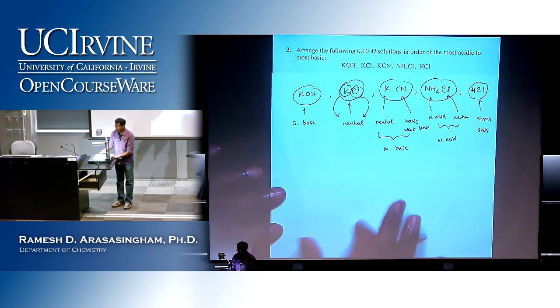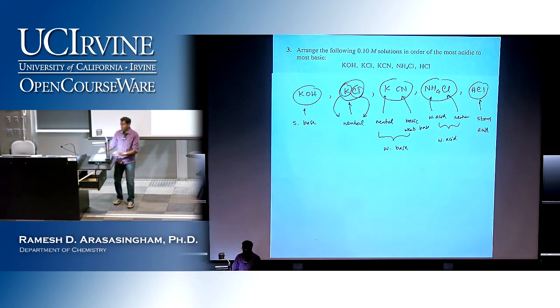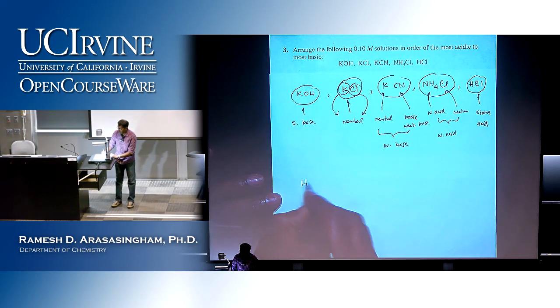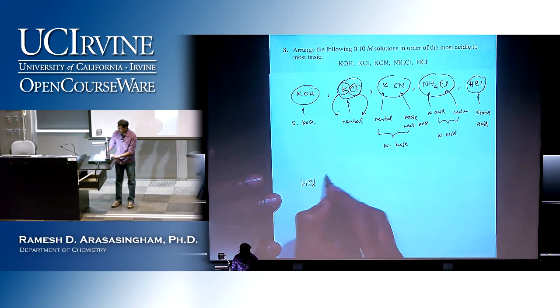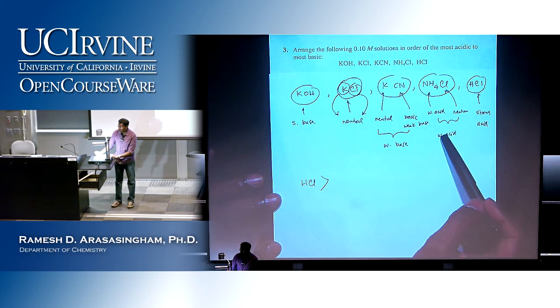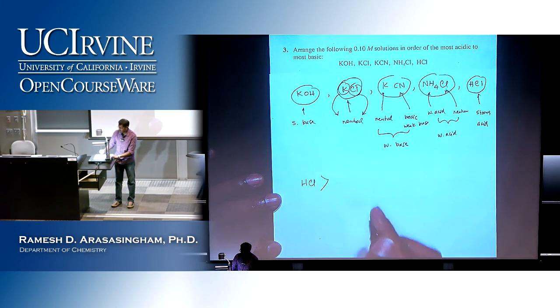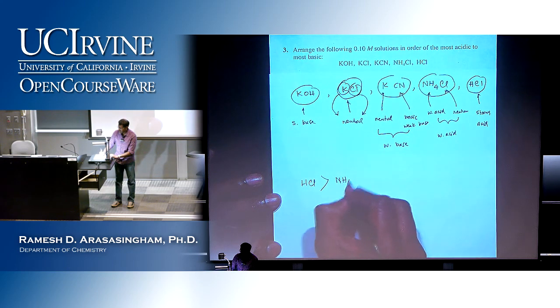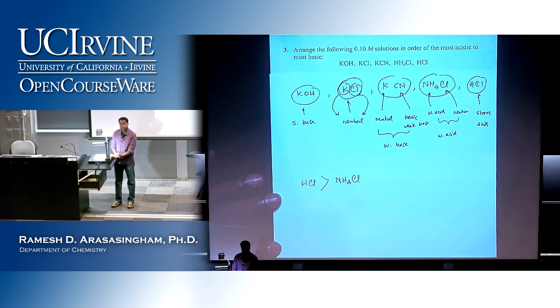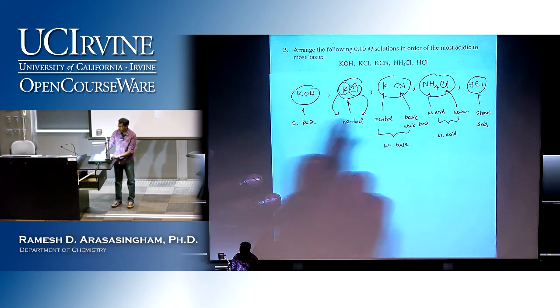All right? So let's rank this from the strongest acid. Which is the strongest acid? HCl. Now, let's look at this. This is a weak acid, weak base, neutral, strong base. So what comes next? NH4Cl would come next. HCl is the strongest acid. Next comes this, which is a weak acid. Now we have neutral and the bases.